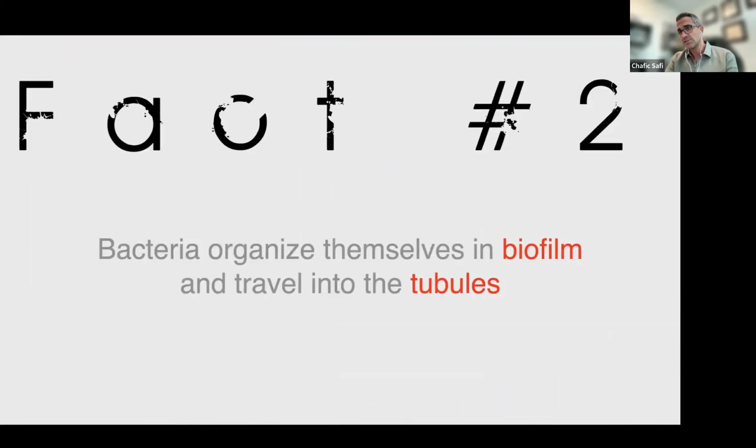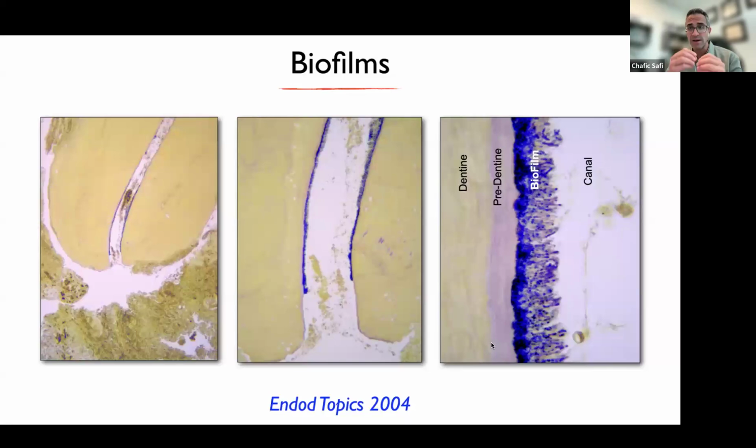The second challenge that we encounter comes from how the bacteria organize themselves inside the root canal system. We know that bacteria don't just swim alone in the root canal system, but they organize themselves into biofilm. And biofilm is a very tightly organized structure where bacteria hold their hands together in order to bind and adhere to the dentinal surface and form a substance that's very hard to remove. And so we need to not only clean anatomically, but we also need to be able to scrape and disorganize this biofilm.